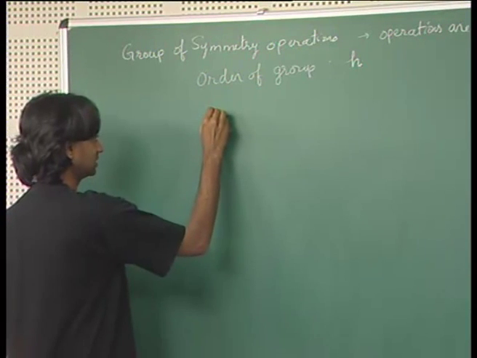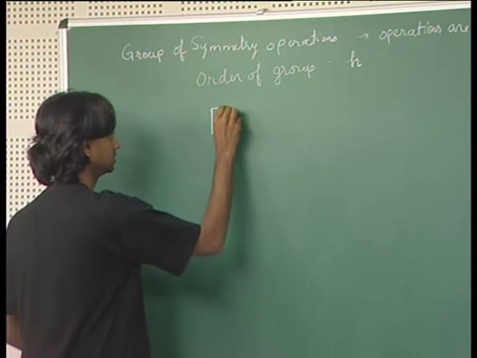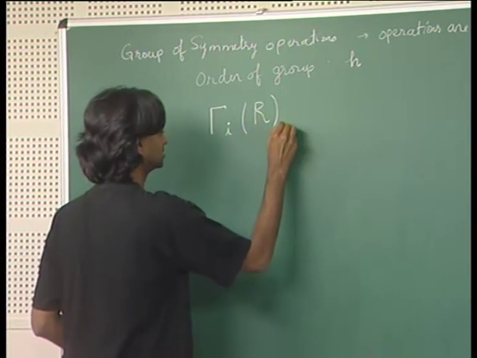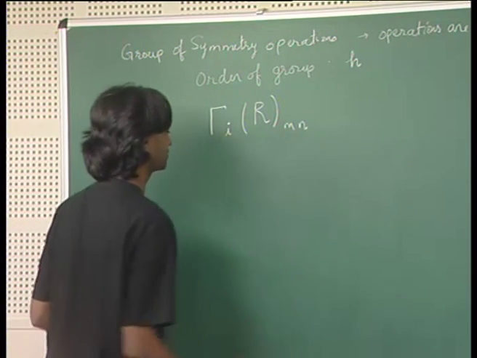We will use the symbol gamma I of R, m n. Okay.